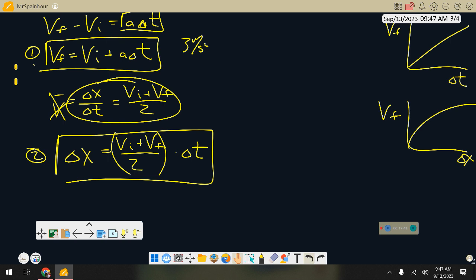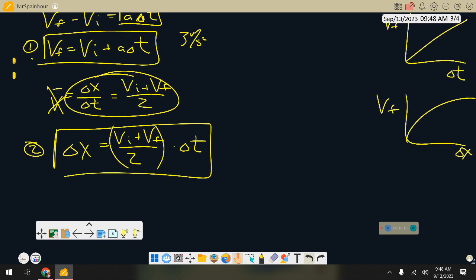So what I want to do is manipulate this so that I just have a different combination of variables. Right now, if you look at equations 1 and 2, there are 4 variables in each. What these equations allow you to do is find 3 of them, and I can always calculate the 4th one. So if I had VI, A, and delta T, I can get VF. Or down here, if I had VI, T, and delta X, I could get VF through some algebra.